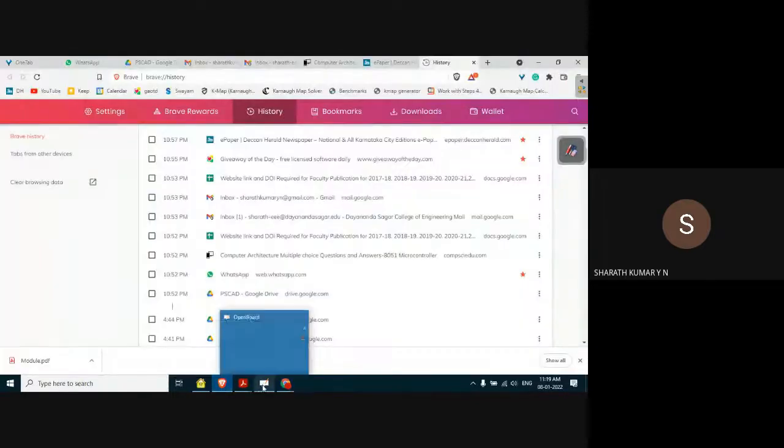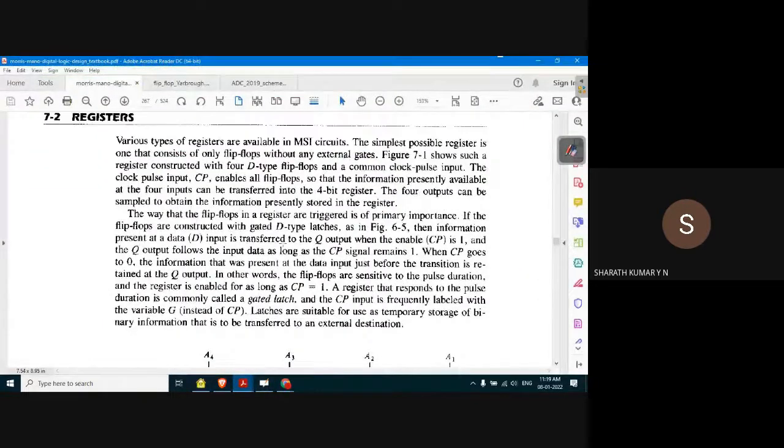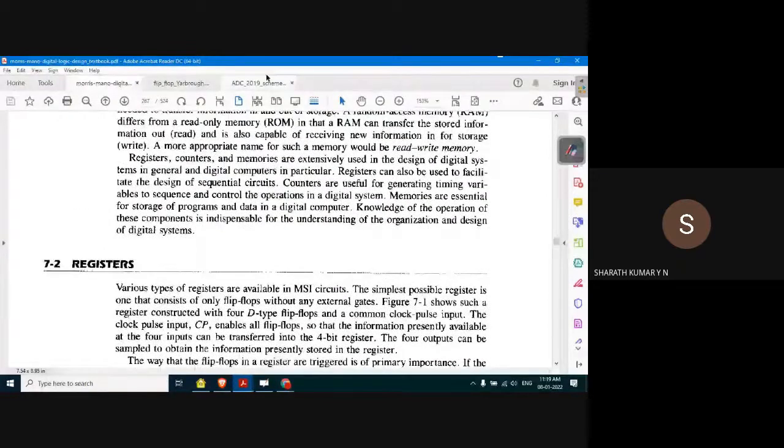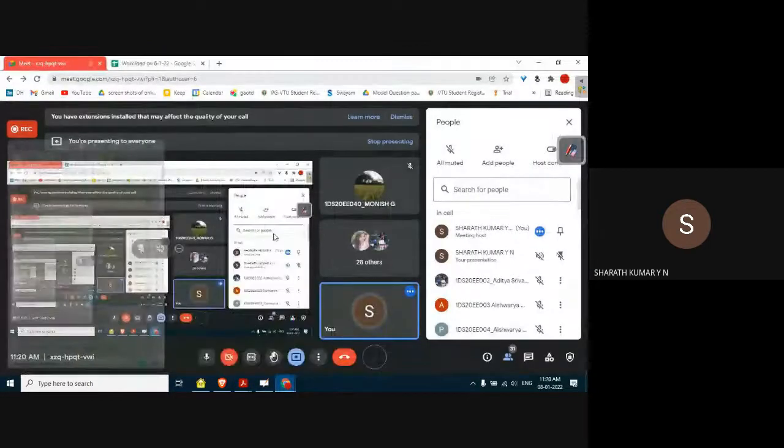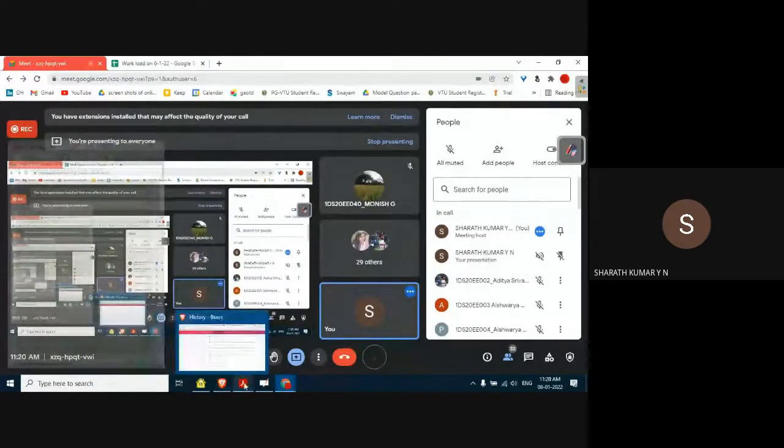In that we are going to discuss, to start with, of course, registers and counters, which are constructed using flip flops.